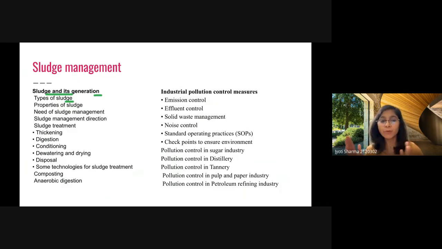We have different processes to treat the sludge, for example thickening, digestion, conditioning, dewatering, drying, and disposal. We will learn about these treatment techniques one by one. We will try to cover this, and if we do not get enough time, we will cover the industrial pollution control measures next week.